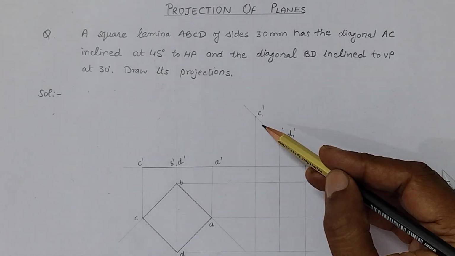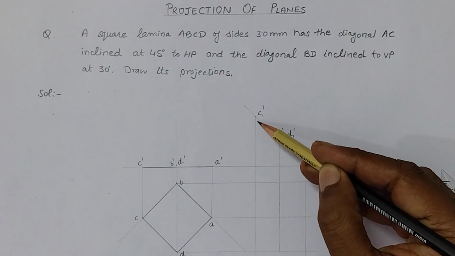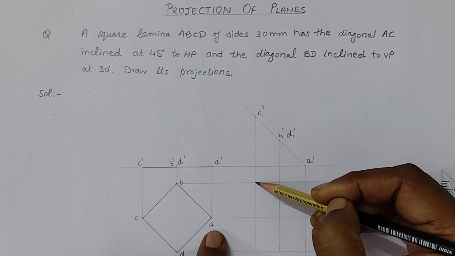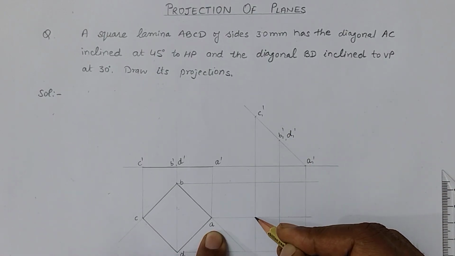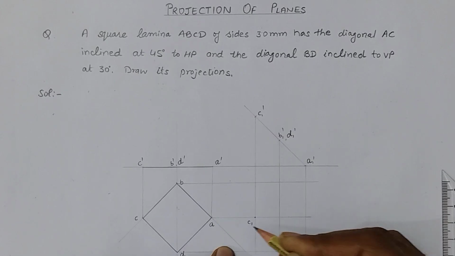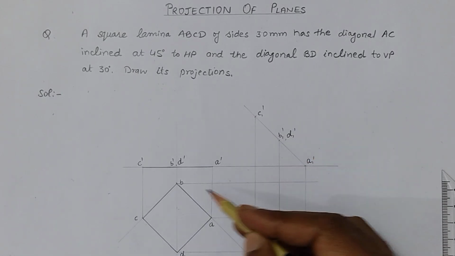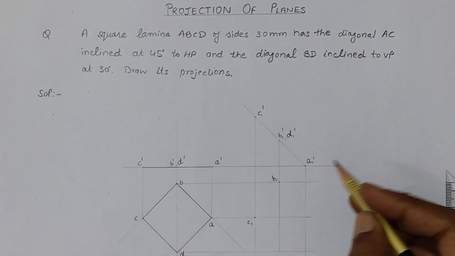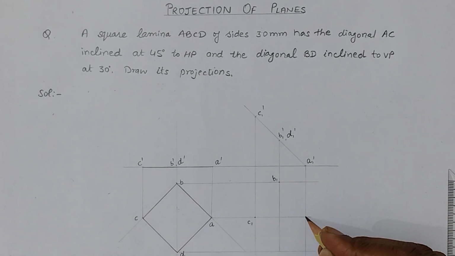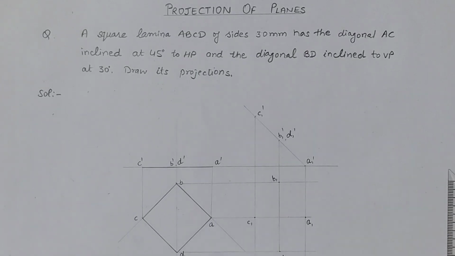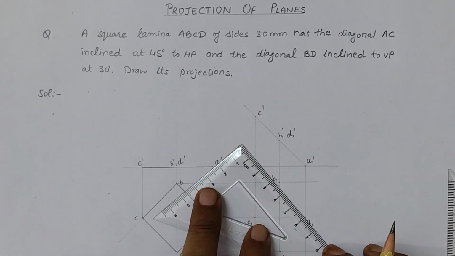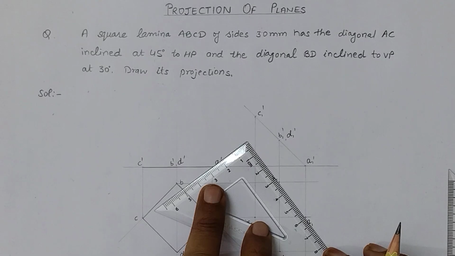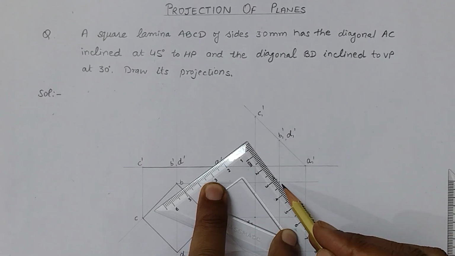So now move along this projector line C dash from here and C from this side. So this point represents C1. Similarly B1 from here, B from here, A1 from this side. Similarly D point here. Join all these points with a straight line because these are shaped like polygons.